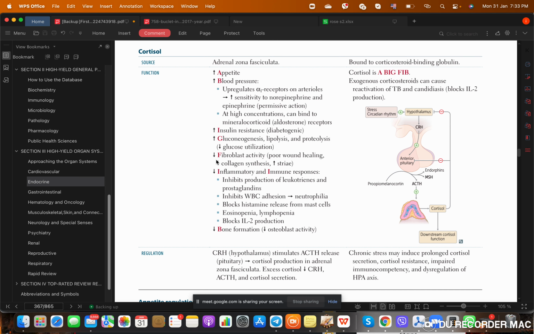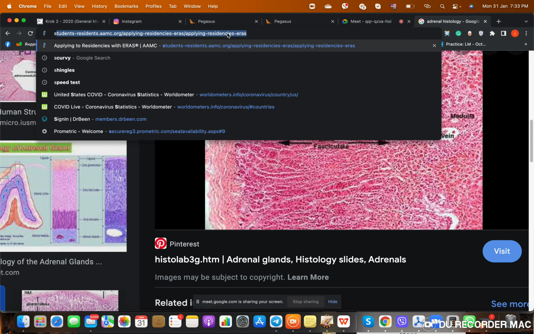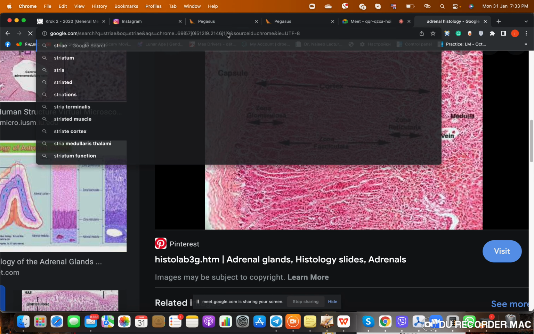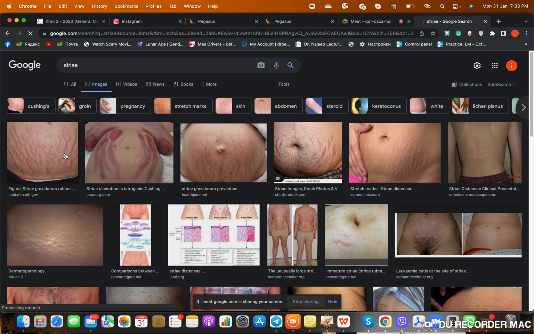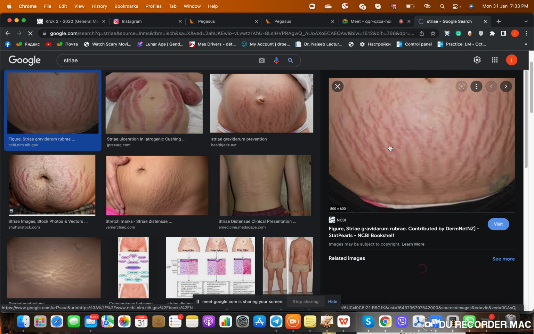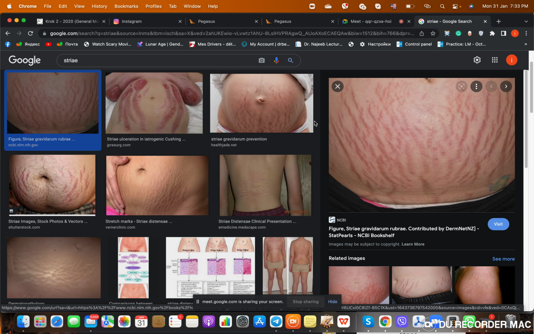Okay, so they also decrease the fibroblastic activity, which leads to poor wound healing, decreased collagen synthesis, and something called the striae. So I want to show you striae. Can you see these striae?